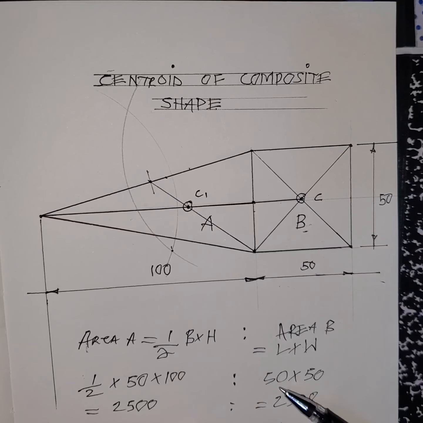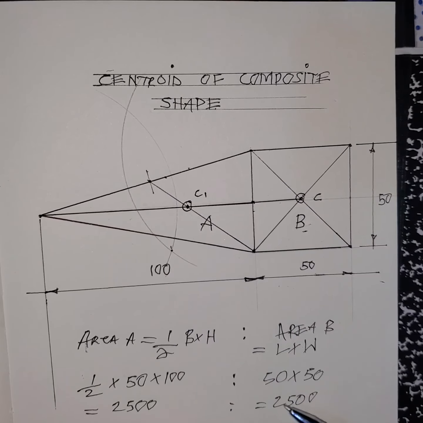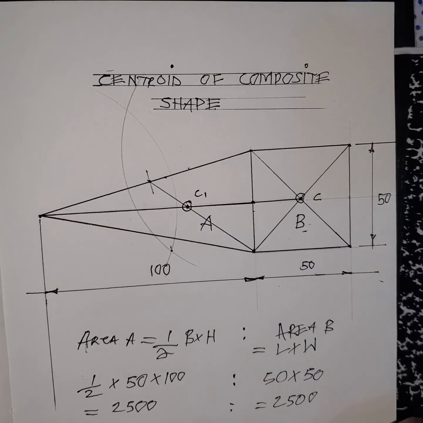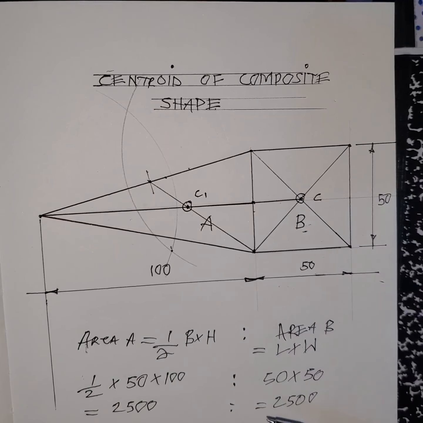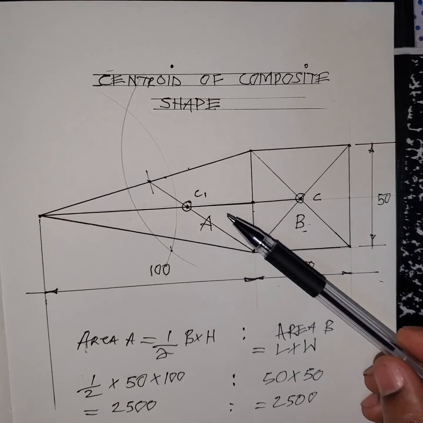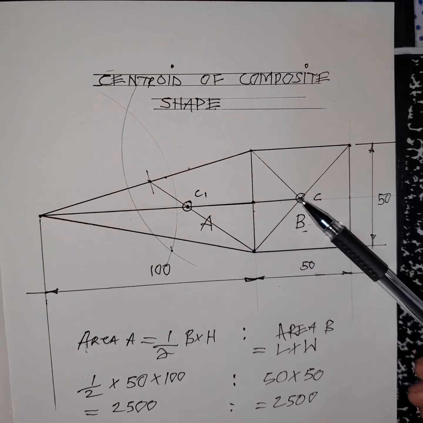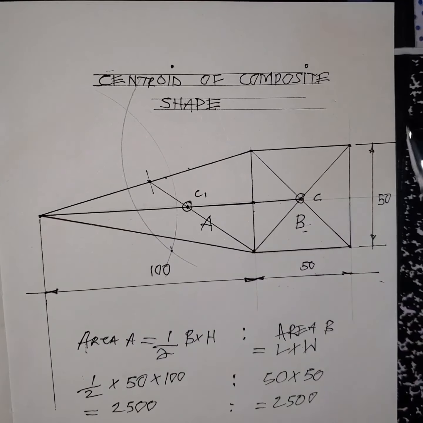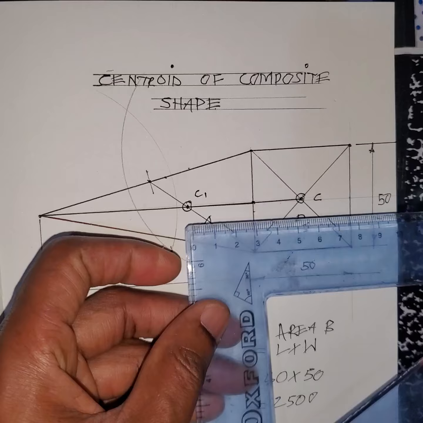This works out to 2,500. So in this case, the ratio is 1:1. What this means is that the centroid is located at the midpoint between these two centroids.